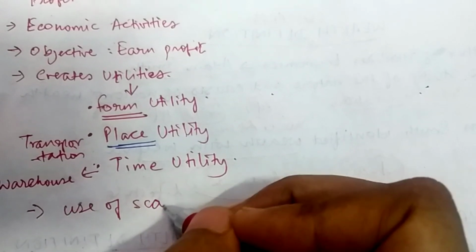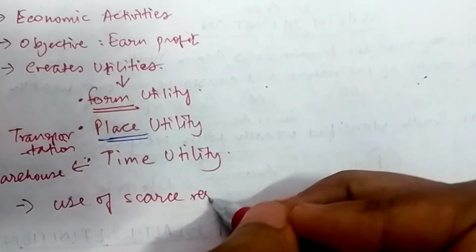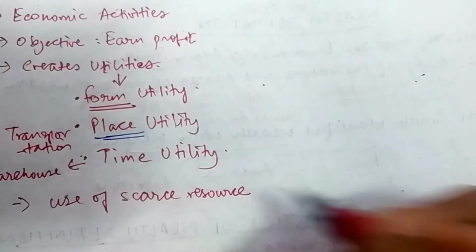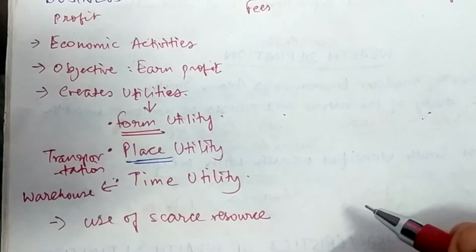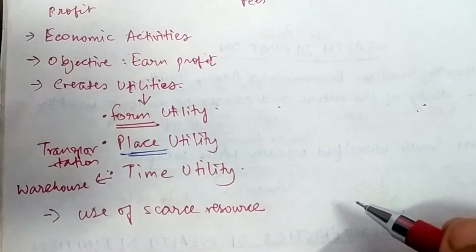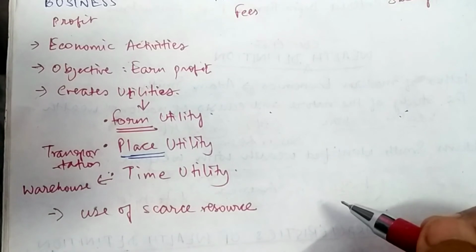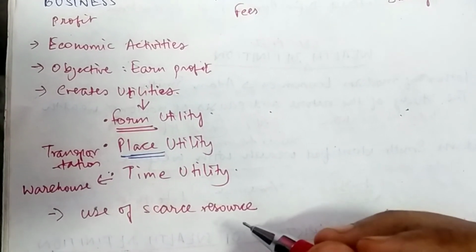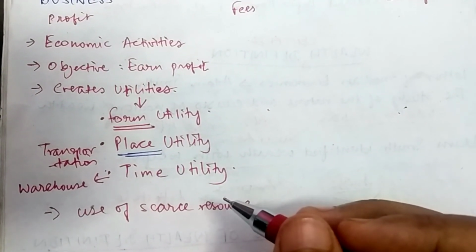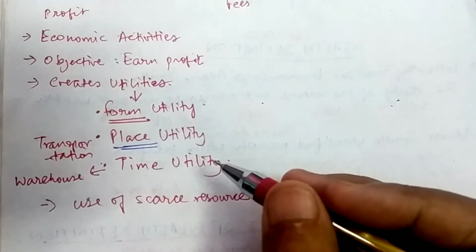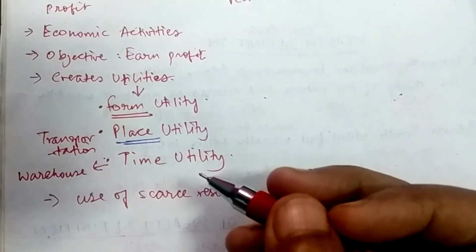Scarce resources. That means limited resources, they use in a proper manner, they allocate them properly and produce the finished product. What are the resources? Basically capital, labor, raw material, machinery. Time is also a resource, money is a resource.